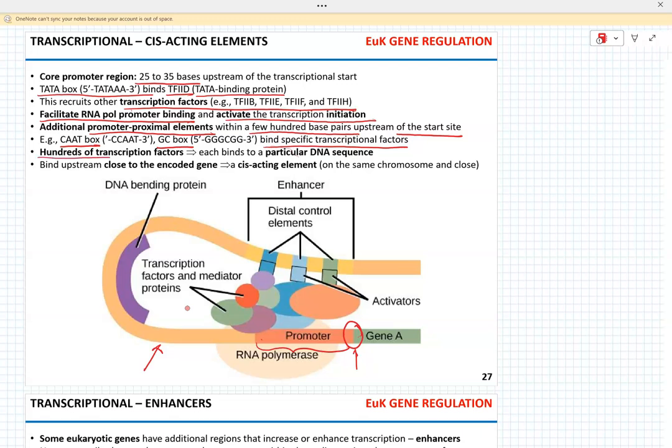Eukaryotic cells have hundreds of different transcription factors, and each of them binds to a particular DNA sequence, which makes eukaryotic transcription highly regulated. When these transcription factors bind close to the encoded gene upstream, the element in DNA which facilitates their binding is called a cis-acting element, which means it is located not only close, but also on the same chromosome.